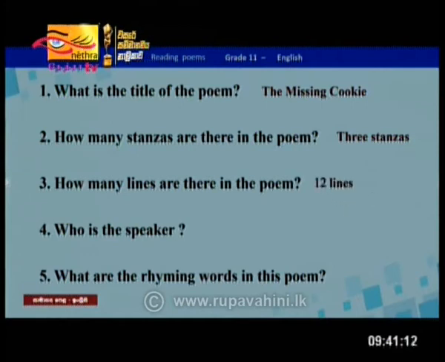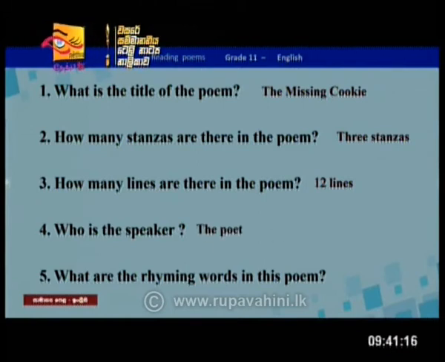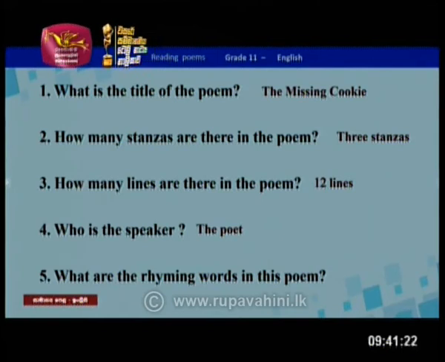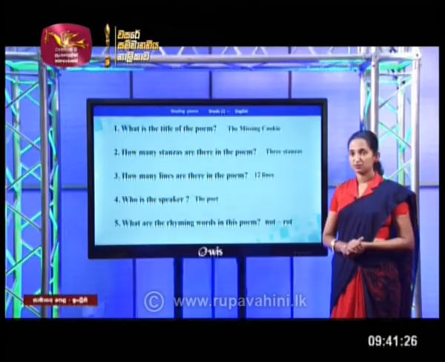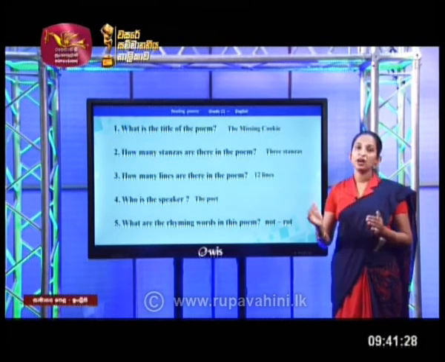Number 4, who is the speaker? Yes, the speaker is the poet. Last one, what are the rhyming words in this poem? Not and rot. Okay, now we have finished this activity.